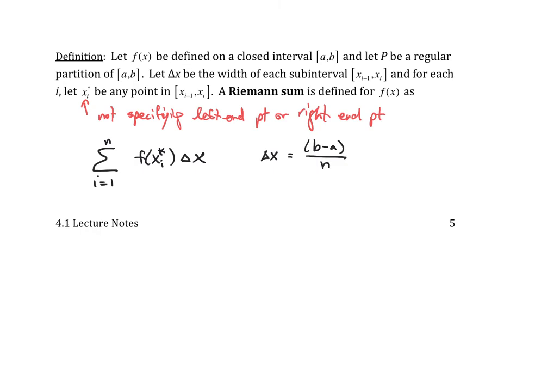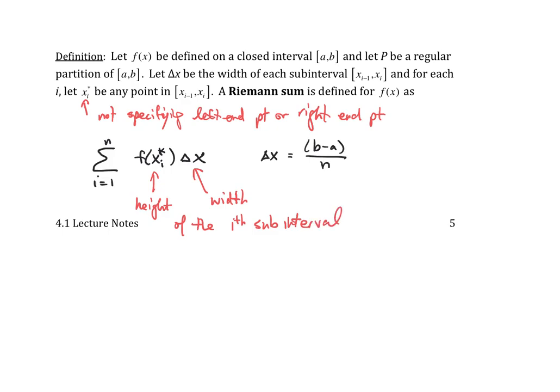And just to make it perfectly clear, this f of xi star is the height of the ith rectangle. And delta x is the width of the ith subinterval.